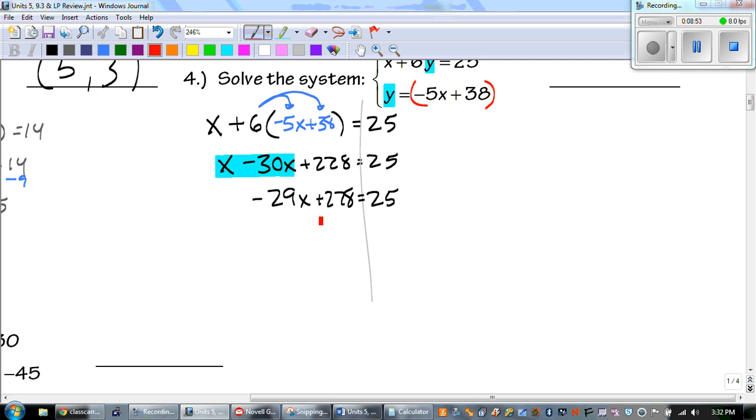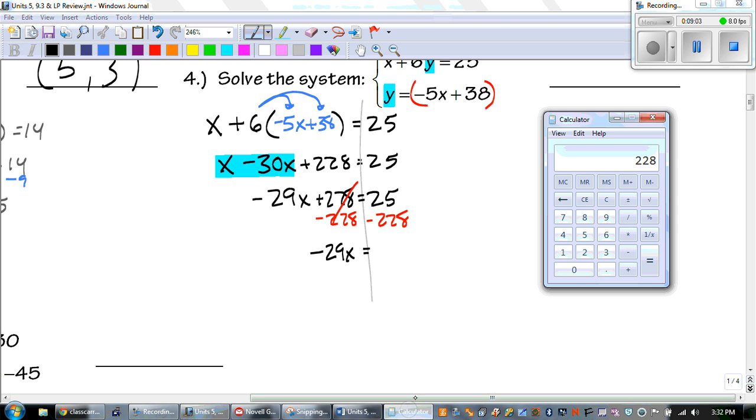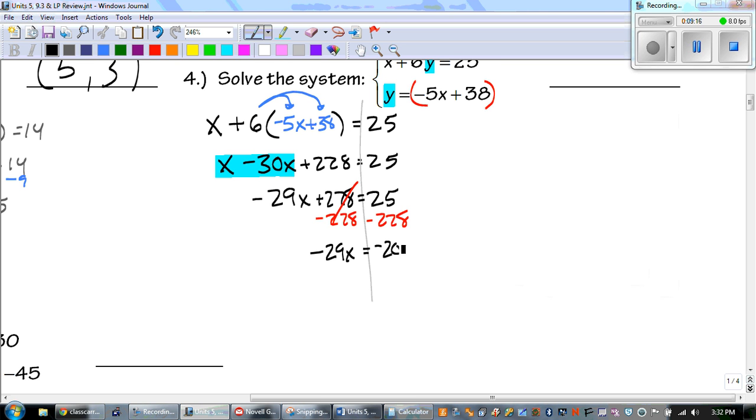And now we're just solving. So I'm going to subtract the 228 from both sides. I have negative 29x equaling, what's 25 minus 228? I get negative 203. Don't freak out, guys.